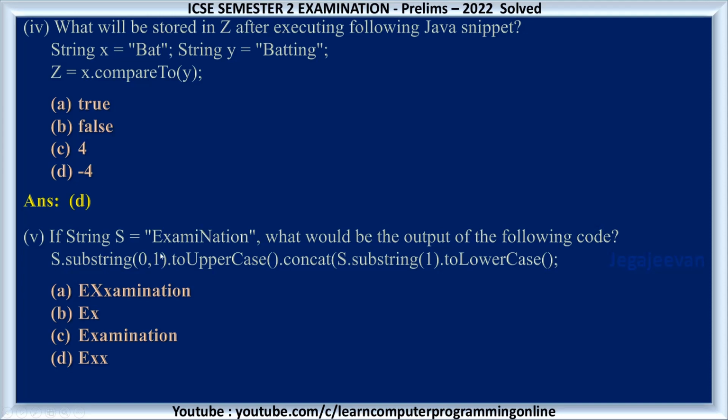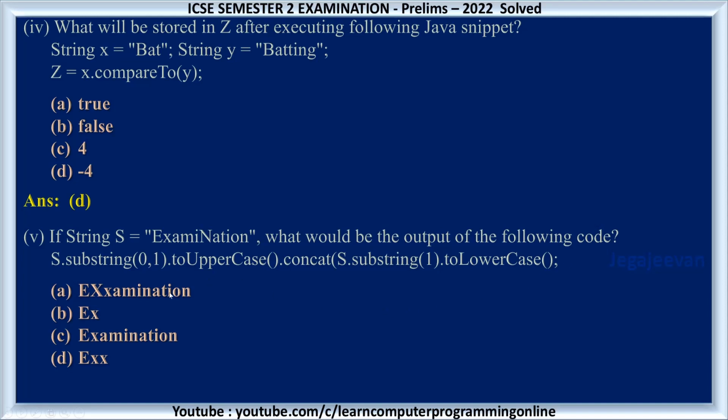The second argument is not included. So at index 0, only E is going to be taken. That is converted to uppercase. It's already uppercase, so it remains uppercase. Dot concat. Concat means it joins. S dot substring of 1, so it starts from 1. That is X, and then the remaining everything will be there. Dot toLowerCase, so everything is converted into lowercase.